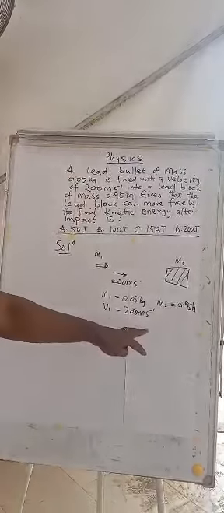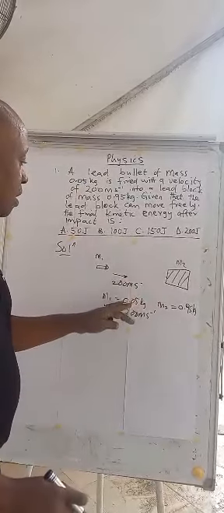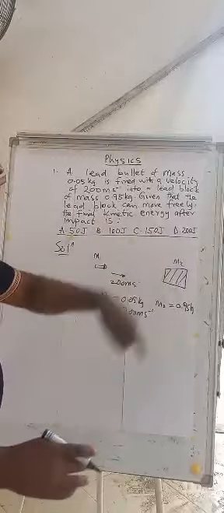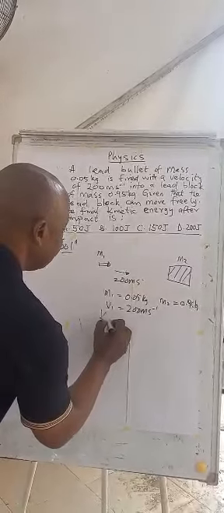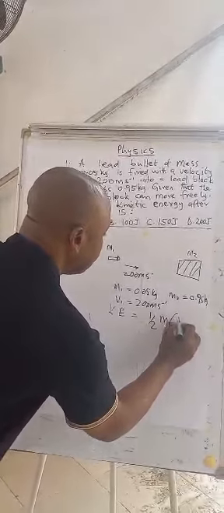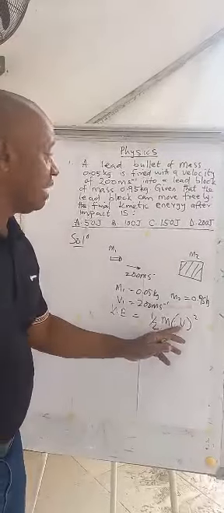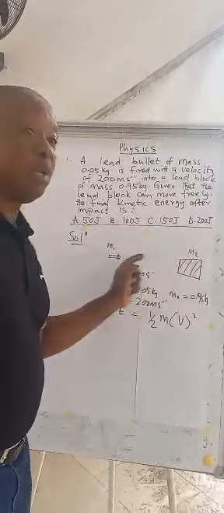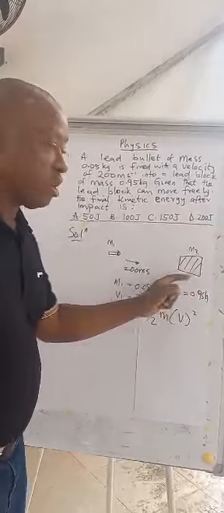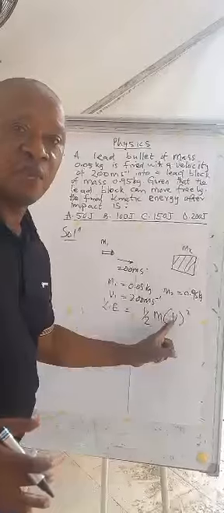Now these are the initial conditions. Now we know that the kinetic energy KE is given as half m v squared. This V is the final velocity after the bullet has hit the lead block. So we need to find out what this final velocity is.